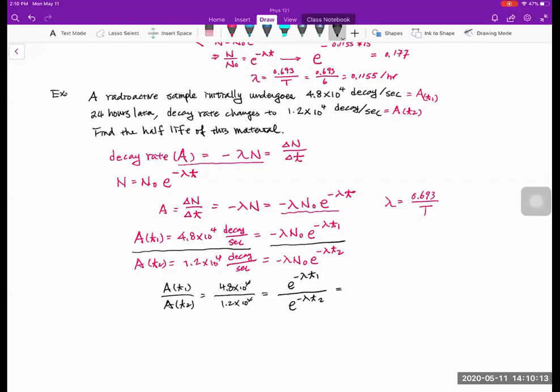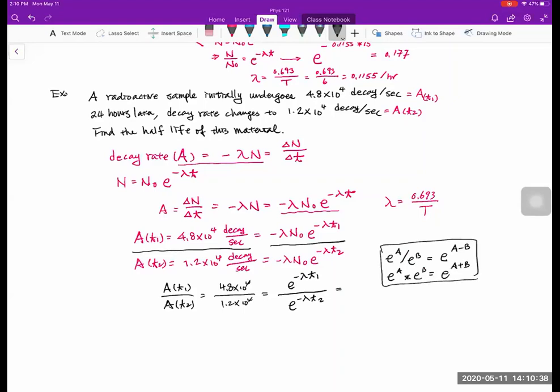If you have e to the a divided by e to the b, that is equal to e to the a minus b. If you have e to the a multiplied with e to the b, that is e to the a plus b. That's how we do the calculation for exponential functions.